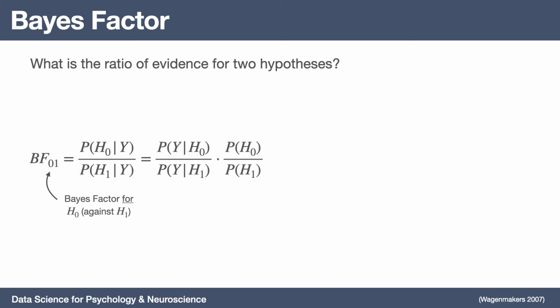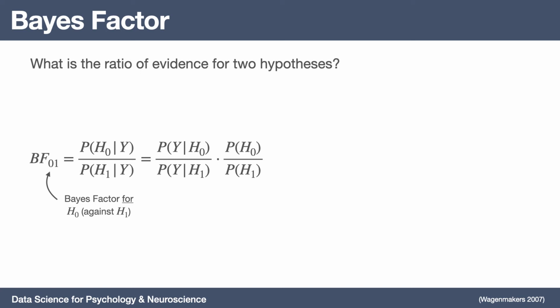Now remember, by Bayes' rule, the posteriors are just the likelihood times the priors for each. So this ratio of posteriors can be rewritten as the likelihood of your data given your null over the likelihood of your data given your alternative hypothesis, times the prior probability of your null hypothesis over the prior probability of your research hypothesis.